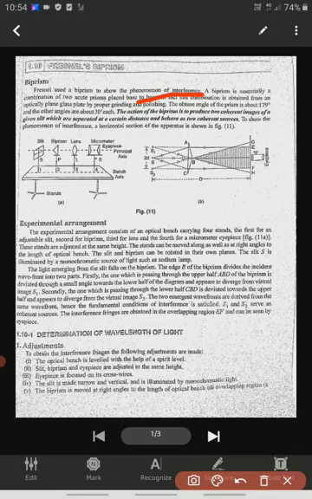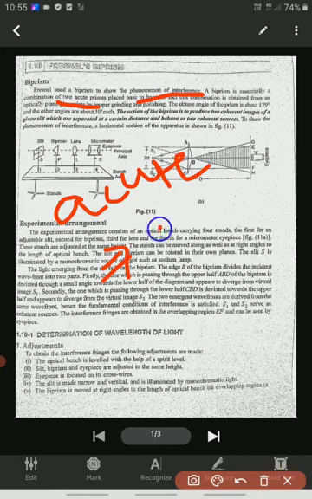Here, first we should know the construction of the biprism. This biprism is nothing but a combination of two acute-angled prisms. Do you know what an acute angle or an obtuse angle is? An acute angle is an angle between 0 degrees and 90 degrees.